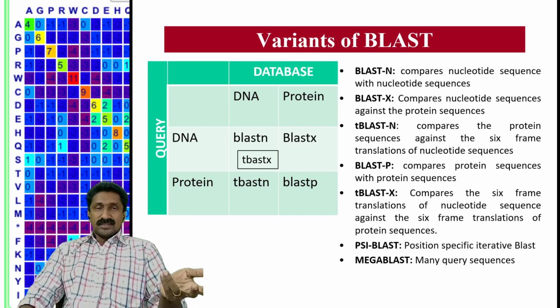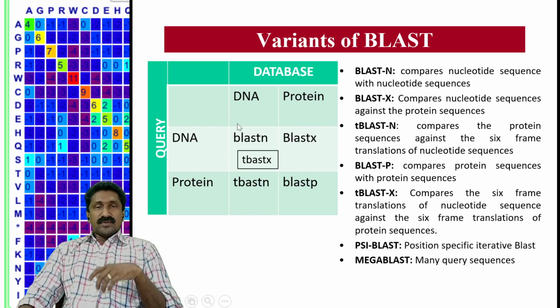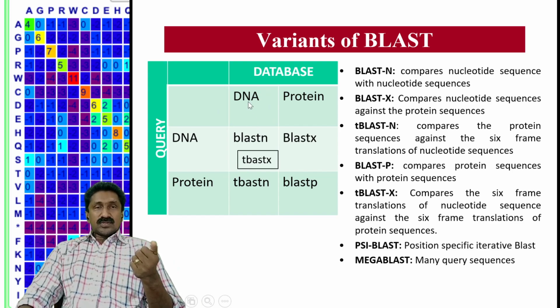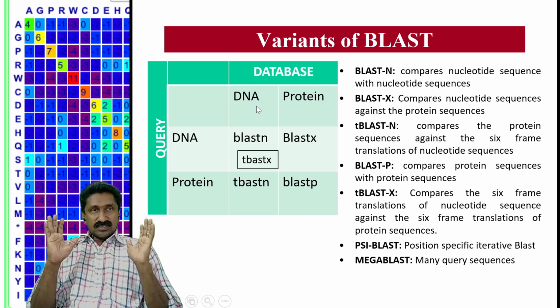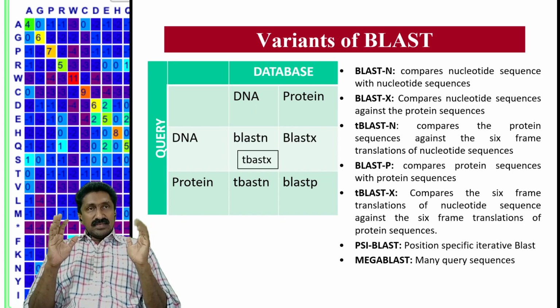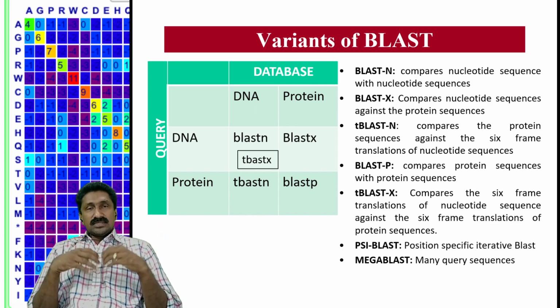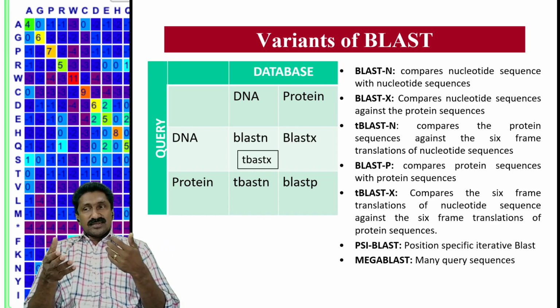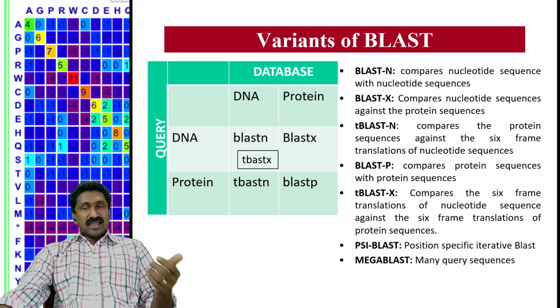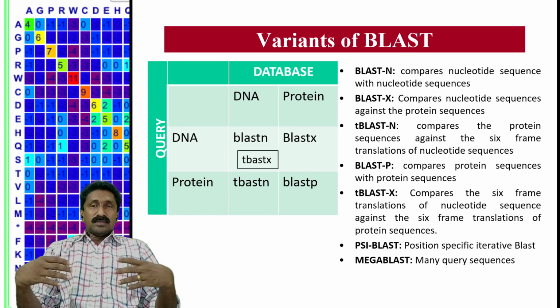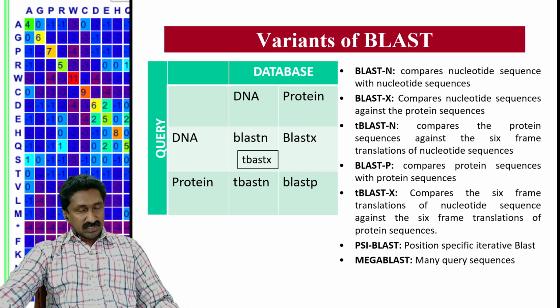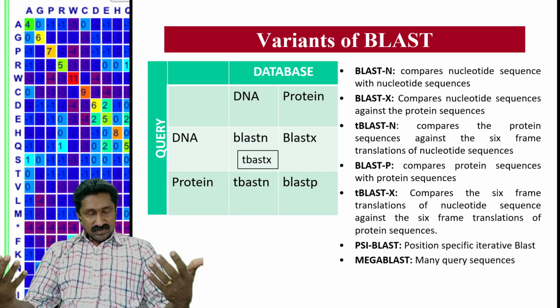In that case, you want to identify the region of the DNA that corresponds to this protein. So the only possibility is that the entire database DNA needs to be translated computationally, right? And a computational algorithm doesn't know where to start and where to end, so it will try all the possibilities of translation.